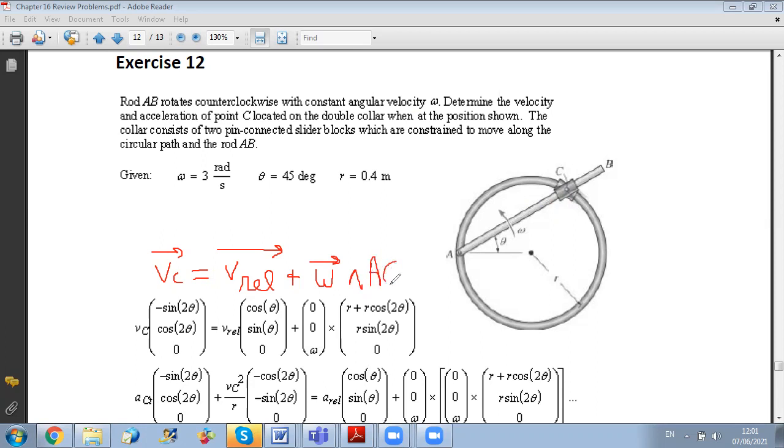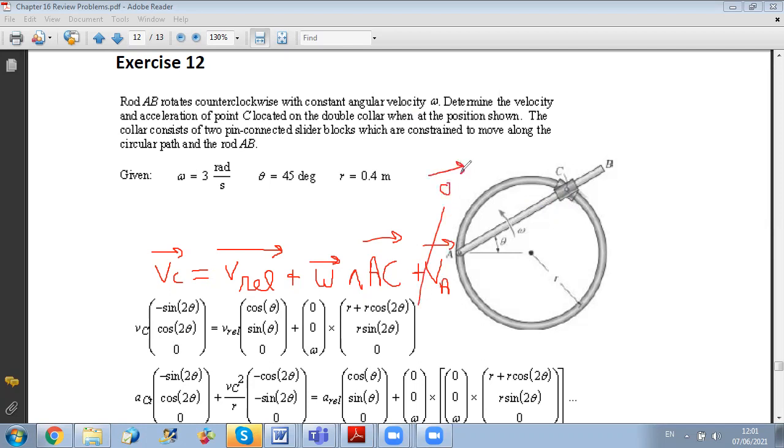Okay, but here, because A is fixed, then VA is 0. So here I am relating the velocities of A and C using the rotating axis formulation.